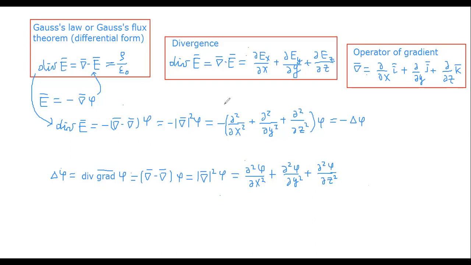And according to this, we can write that it is equal to rho divided by epsilon 0.